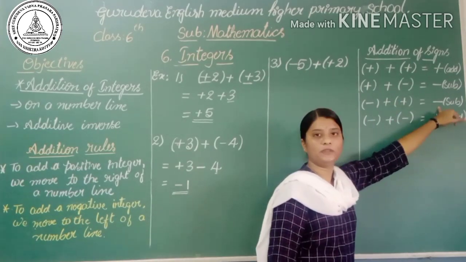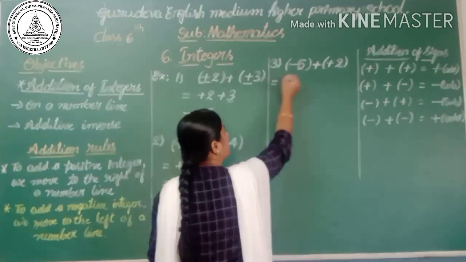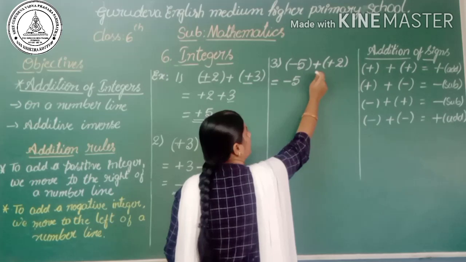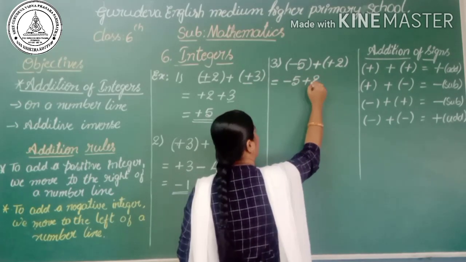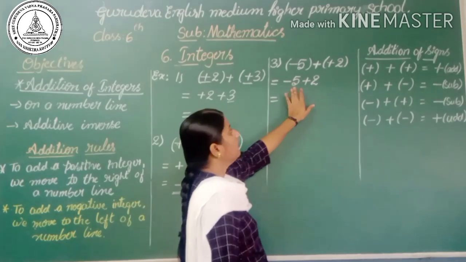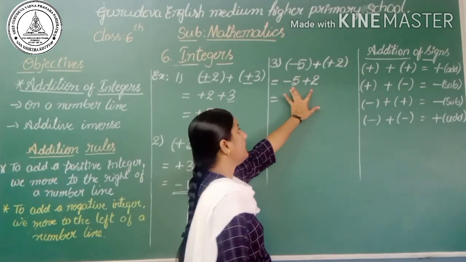So we have to subtract. Which is equals to, remove the bracket and write here -5 plus 2. Subtract here: -5 minus 2 is 3.